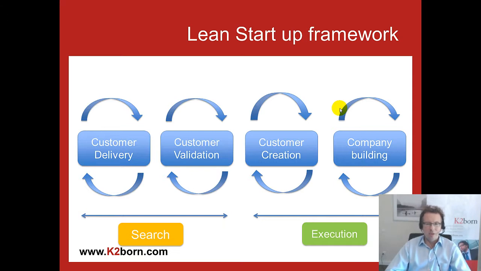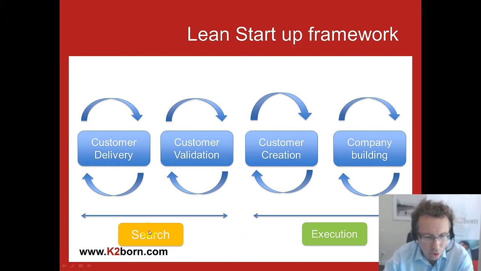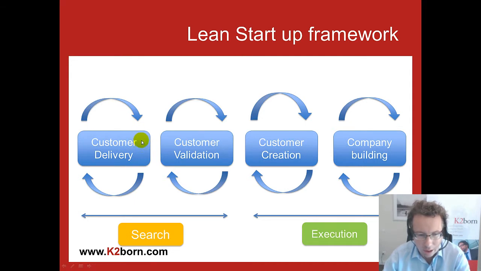Well, basically, you've got two major stages: one is linked with the search, and then the other is about the execution. When you search, you say, "Hey, I'm giving you this, customer, what do you think about it?" Then the customer validates or not, gives the feedback, and then you need to change again. You go back and move again, and so on.